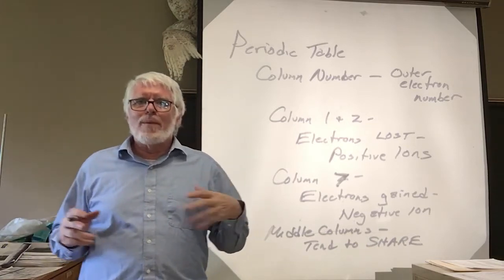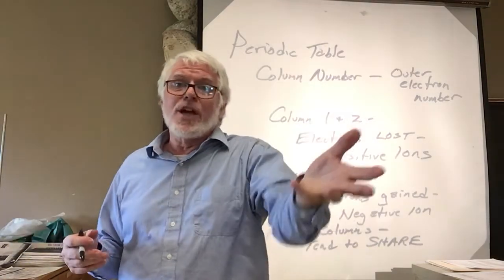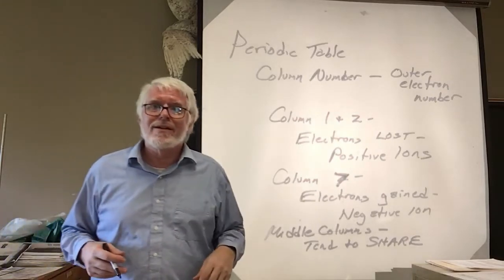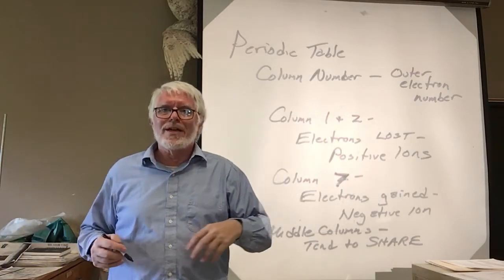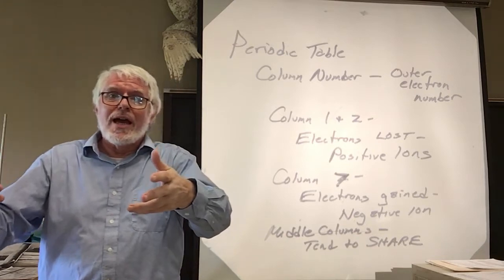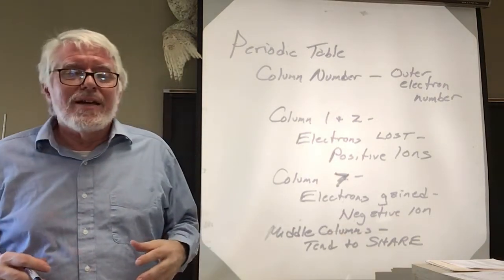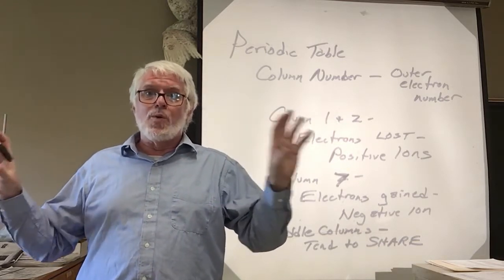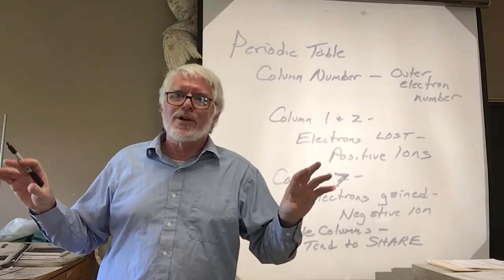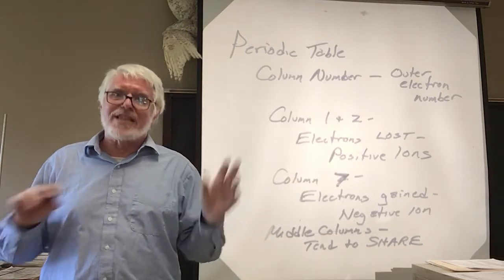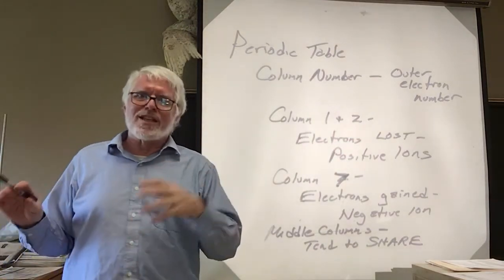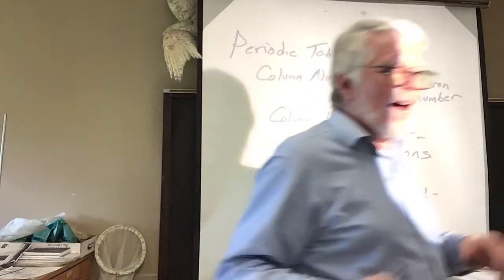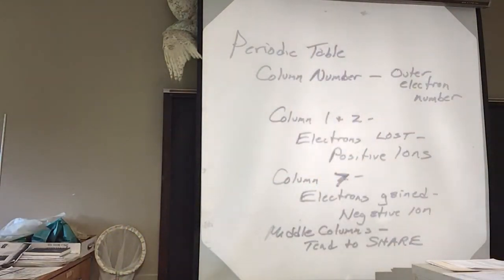It's much easier to go up to another atom that needs electrons and say, I'll share one of mine with you if you share one of yours with me. Or maybe I'll share 2 of them with you and you can share 2 of them back with me. In carbon dioxide, the carbon shares 2 electrons with each of the 2 oxygens. Each oxygen is sharing 2. We'll get to that when we get to bonds, but that's later. Not too much later, but it's after the exam. So these tend to form certain types of molecules where electrons are shared.